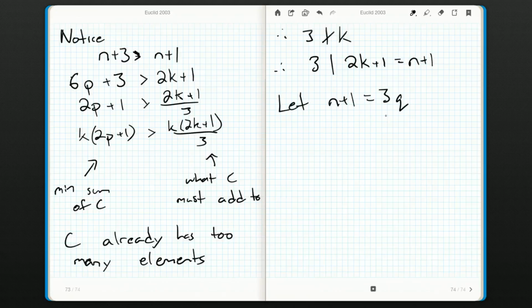Is this enough to prove it? What do we want? We want n plus 4 over 12, right? That's what we're looking for here. So it needs to look like 12r plus 4, something like that. Let's add 3 to both sides.